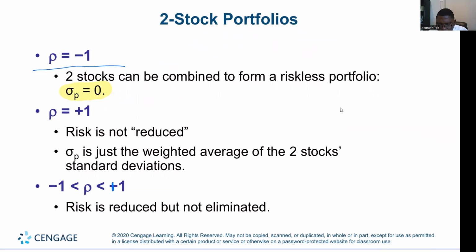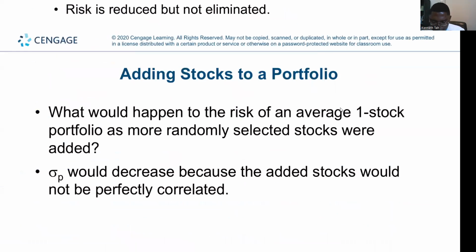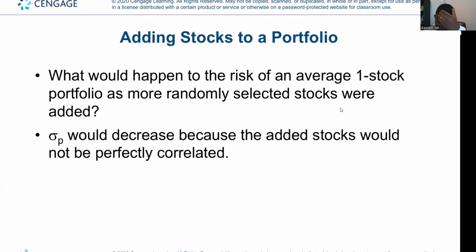So the range between -1 and 1, not reaching -1 or 1, will simply imply that risk may be reduced but not eliminated, as in the case above for which the correlation coefficient between the two assets is equivalent to -1. So we build a portfolio by adding stocks into our portfolio.